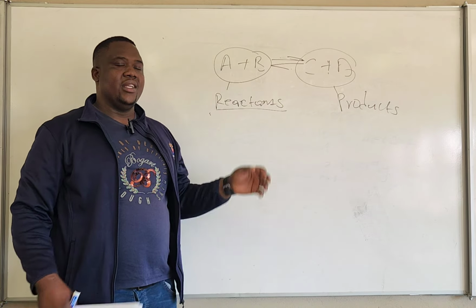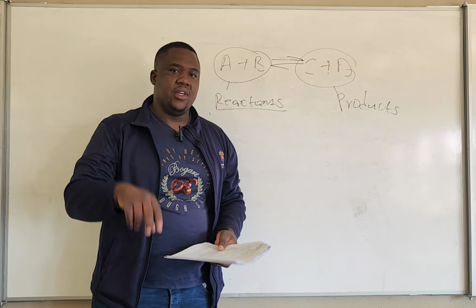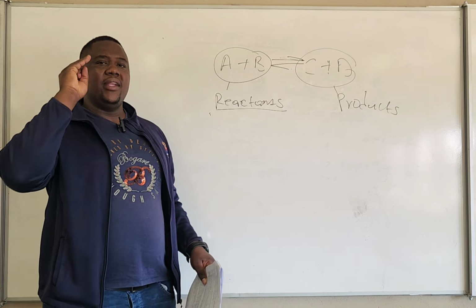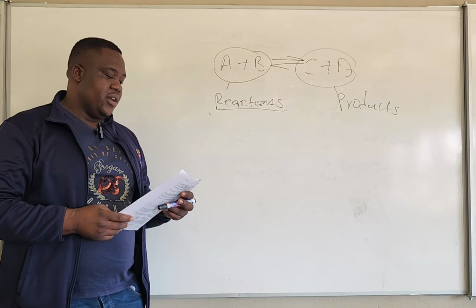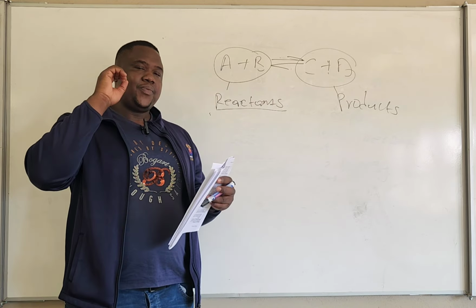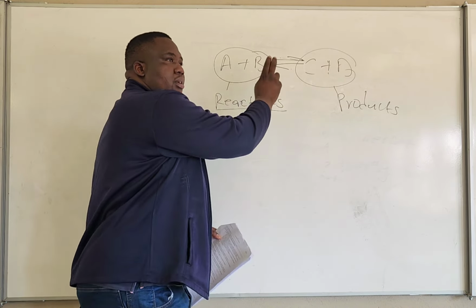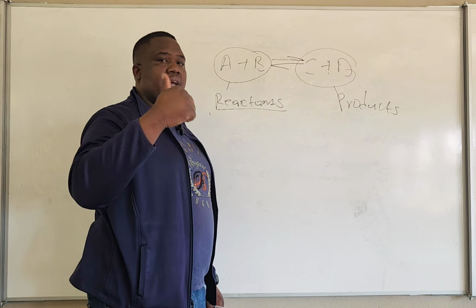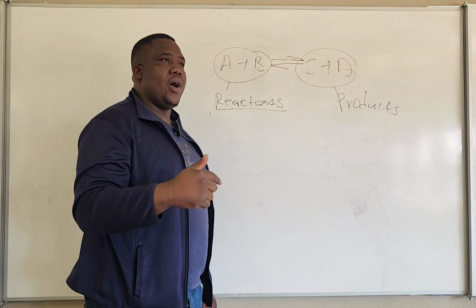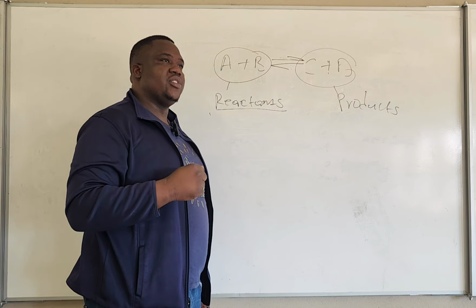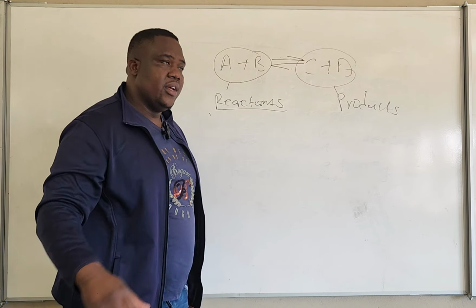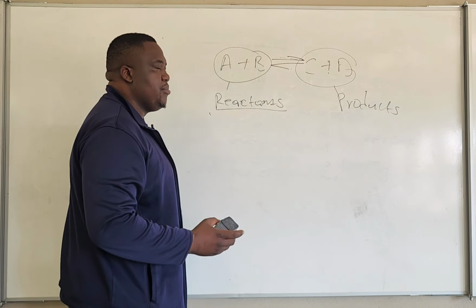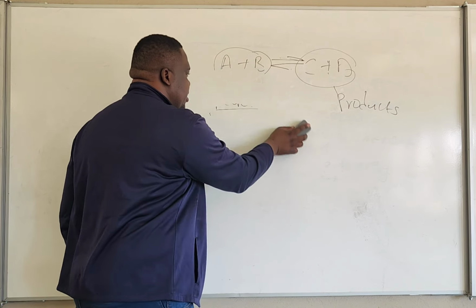You understand? That is a reversible reaction. Those are the main two conditions for a chemical equilibrium to be reached. The first one, the system must be a closed system. The second one, the reaction must be reversible. Then what is a reversible reaction? A type of reaction where products can be converted back to reactants.